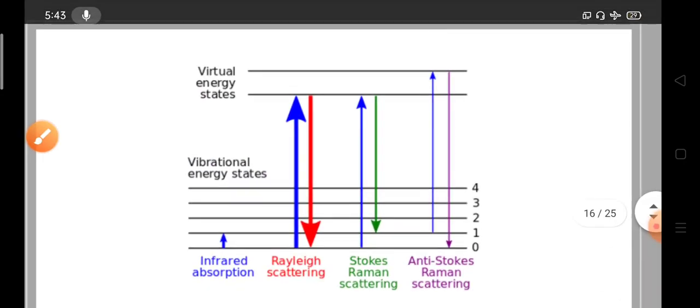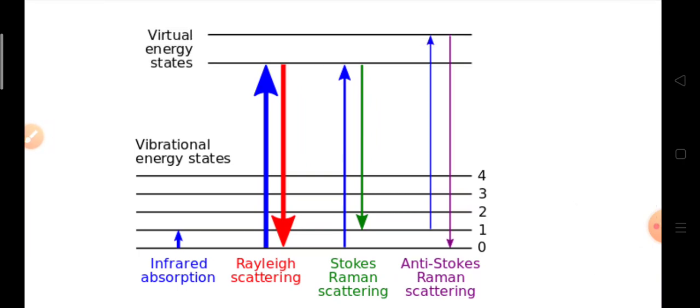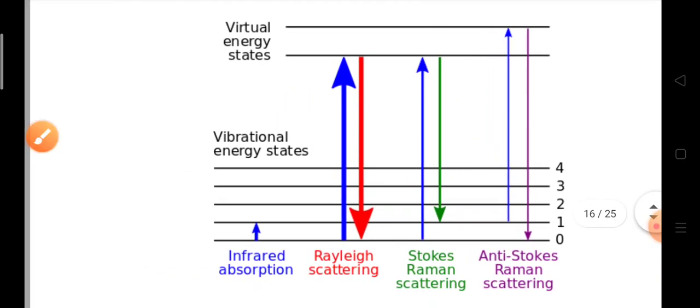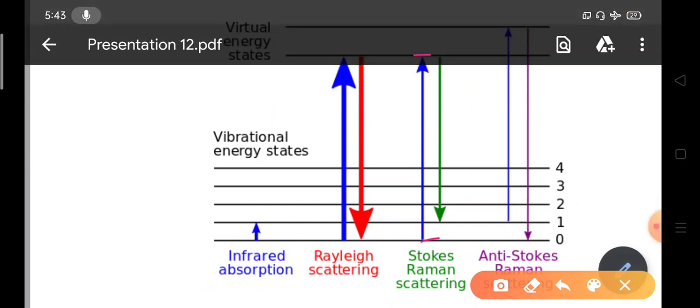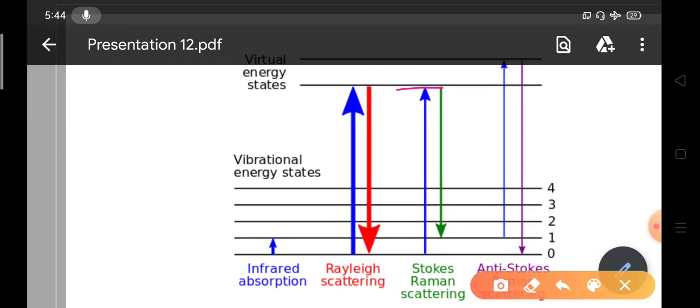But suppose the molecule is at the V equals 0 state initially, and after the incident radiation, it absorbs the radiation and goes to a higher excited state or the virtual energy state, and then it comes back to a lower state within a certain time. It doesn't come back to its initial state V equals 0, but to another state, that is the higher vibrational state, V equals 1.